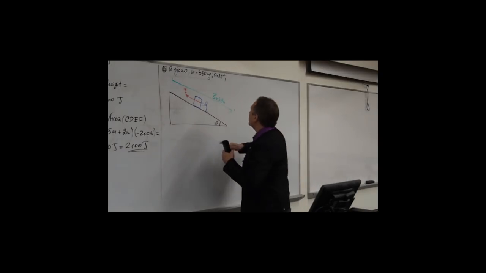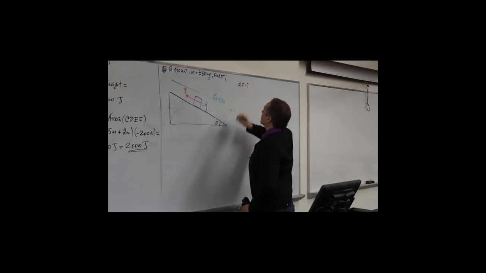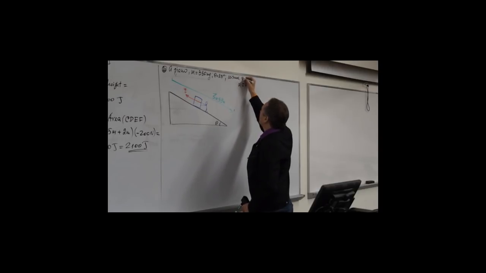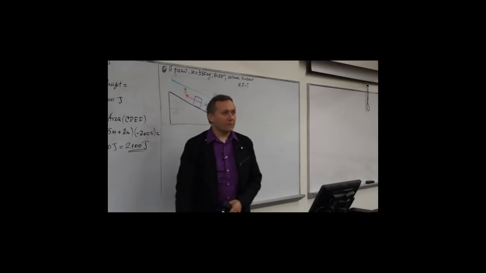So what we need to calculate first in part A is the value of that force, right? And a very important piece of information: we assume that velocity is constant.